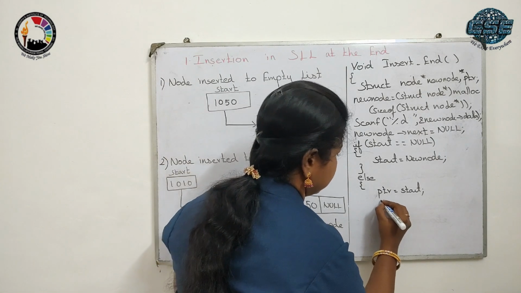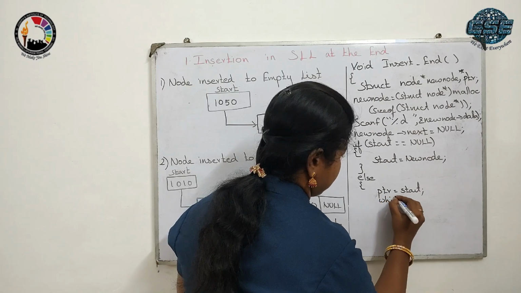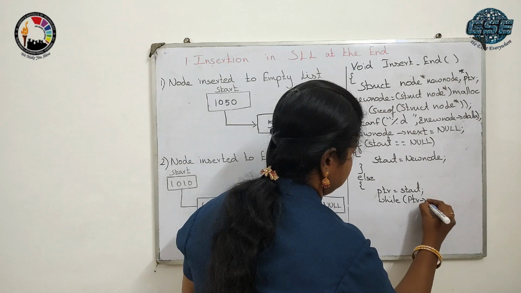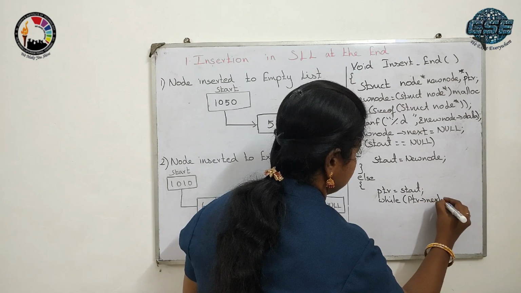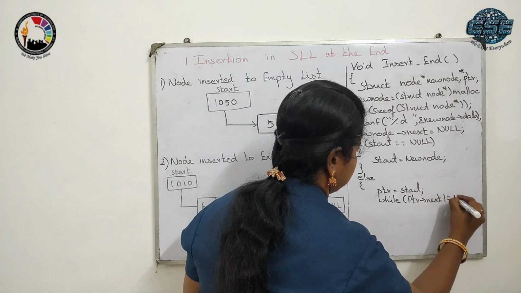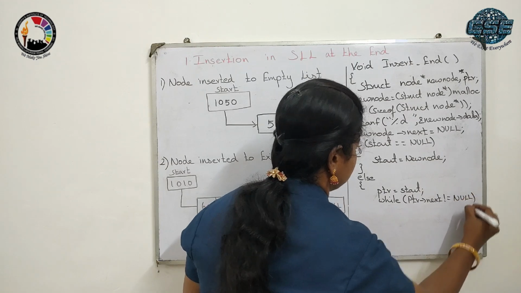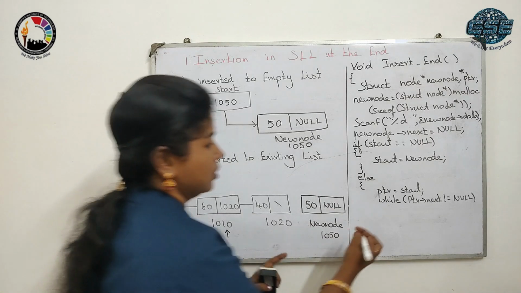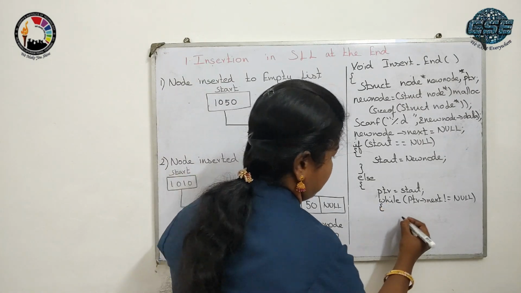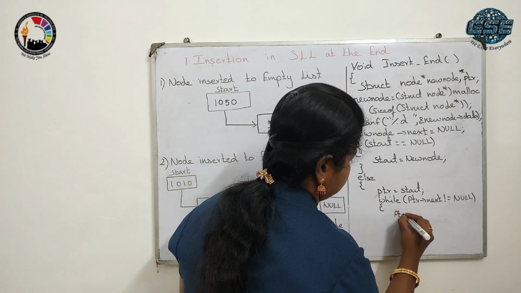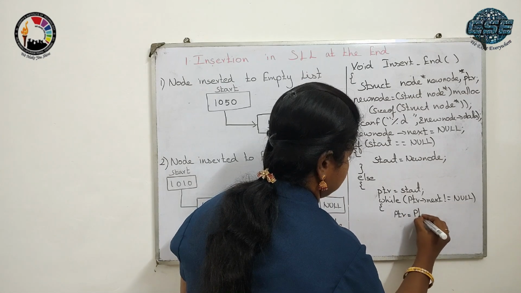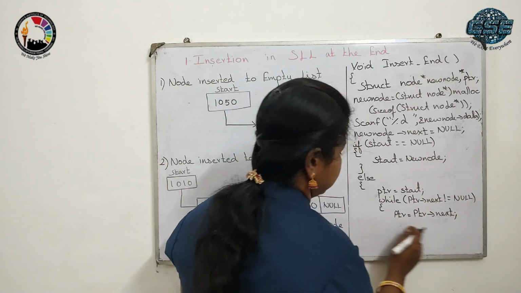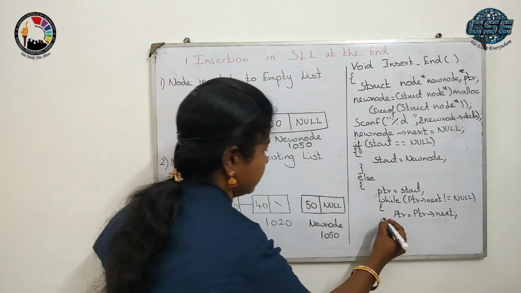So I am writing a while condition: while pointer of next not equal to null, this pointer should move from the first node to the next node: pointer is equal to pointer of next.